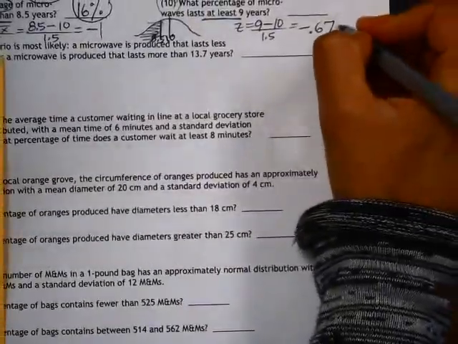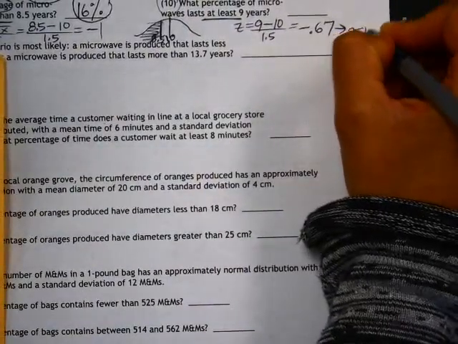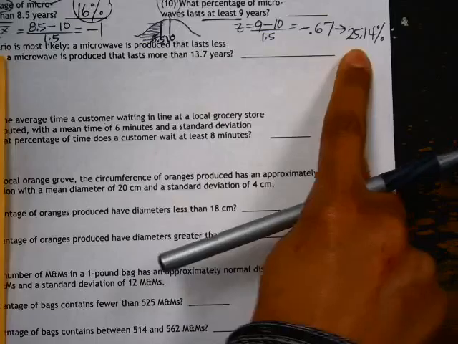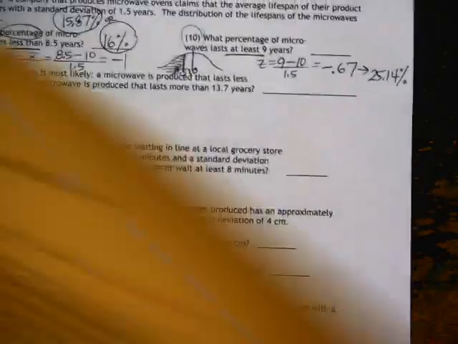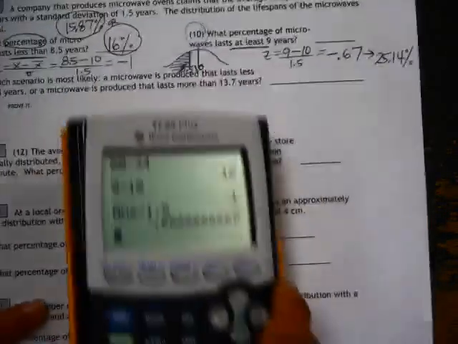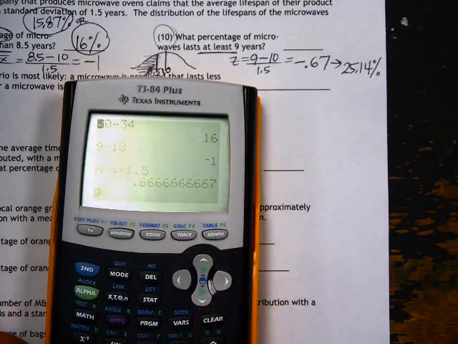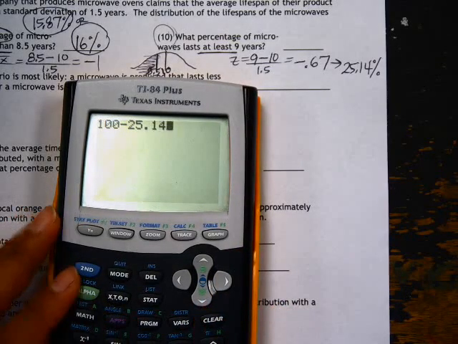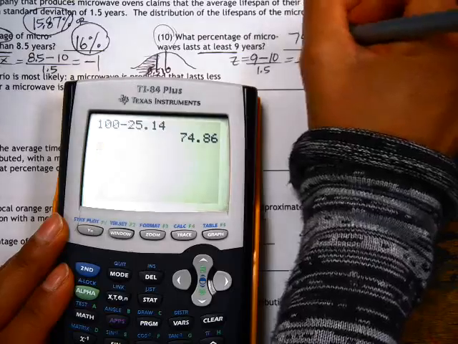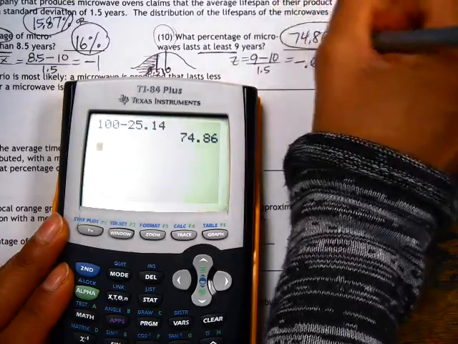So 25.14% last less than 9 years. So the percentage of microwaves that last more than 9 years would be 100% minus 25.14%, 74.86% of microwaves.